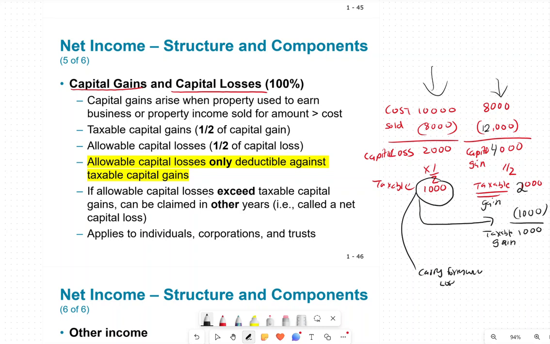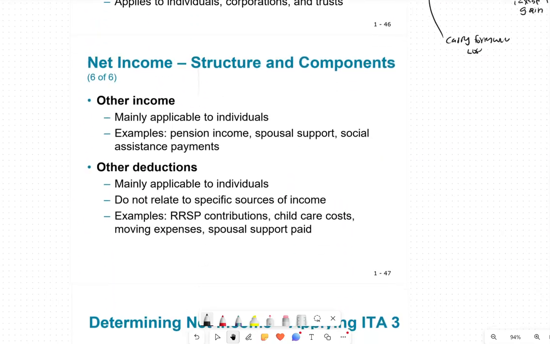But if you have taxable losses, you carry forward. It only applies up to the gain, and if allowable capital losses exceed taxable capital gain, it can be claimed in other years.